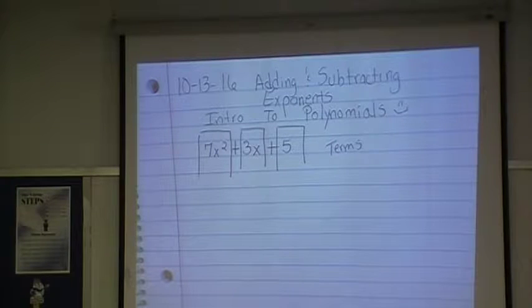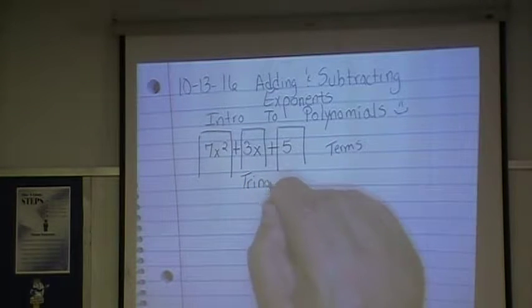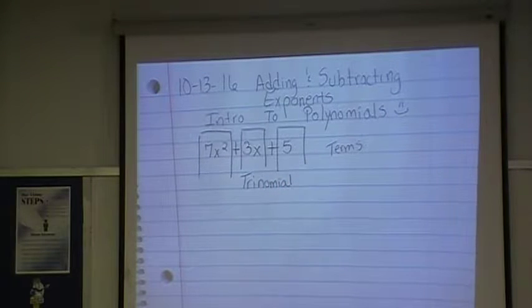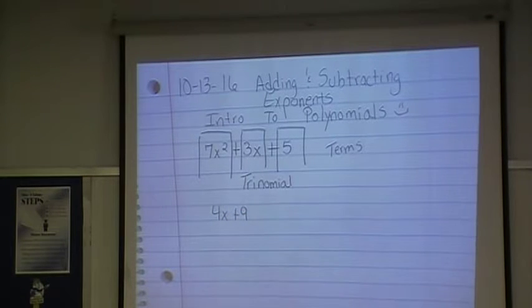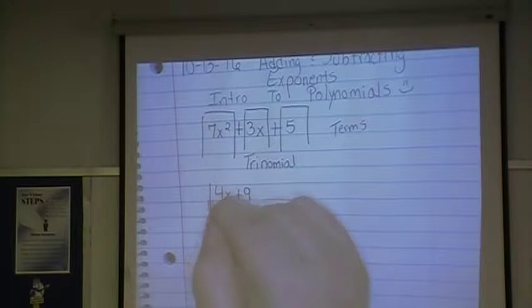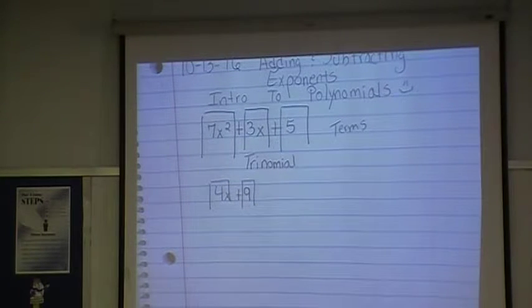Now, we call this a trinomial. Tri means three, has three terms, trinomial. Okay? Sometimes you will see something like this. This has two terms.